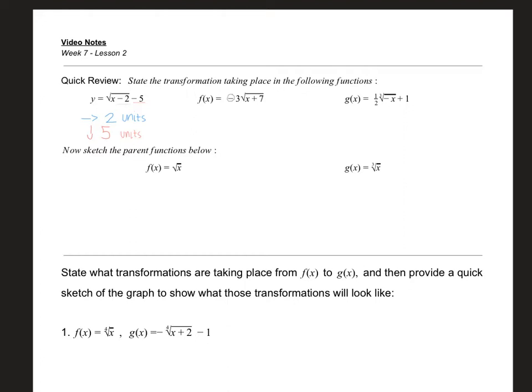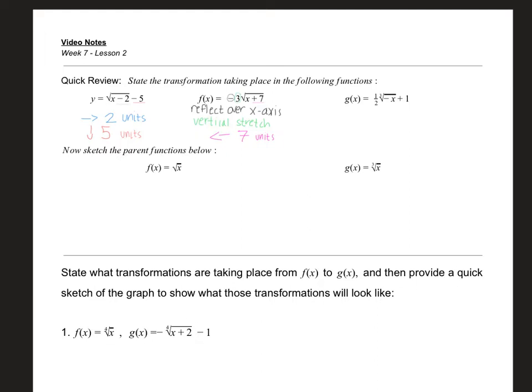Negative outside, flip across x, 3 outside, vertical stretch. Can't forget about adding on that 7 inside, to the left it's gonna slide. Catch my breath real quick. Oh, I'm not done. Mr. Garrett in this thing for no reason. Math, that's what my expertise in.